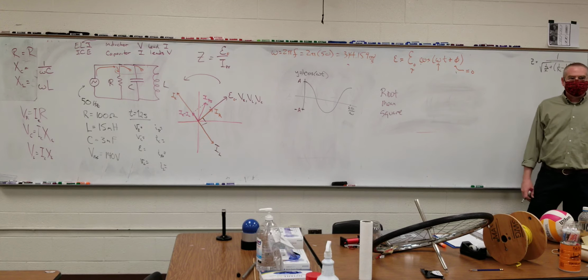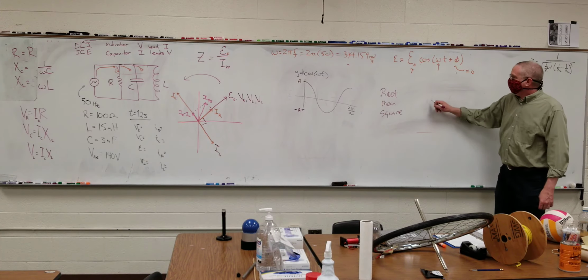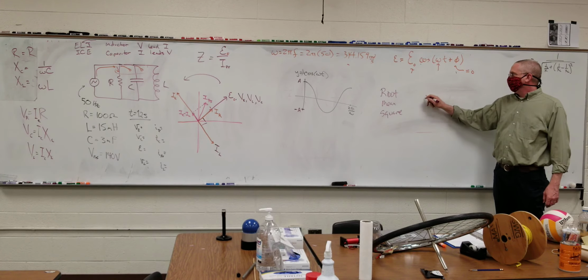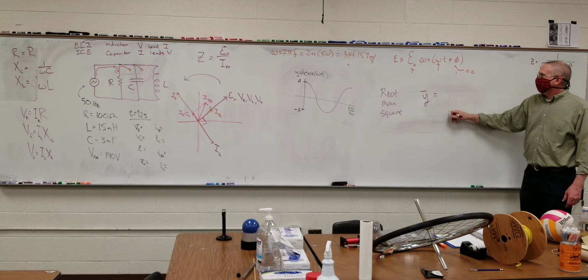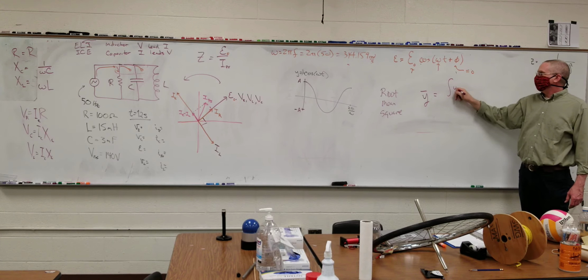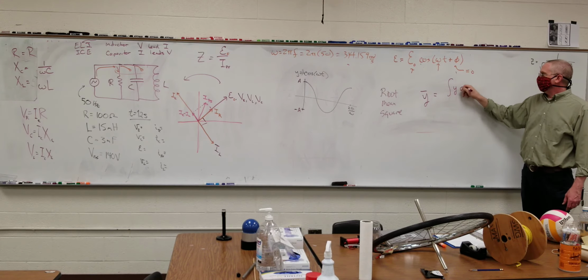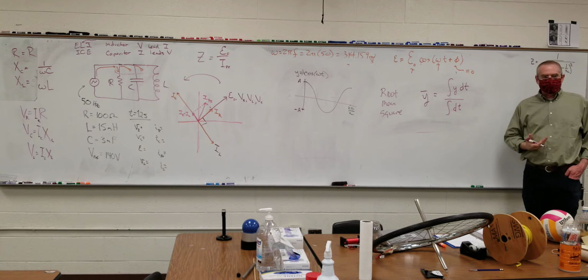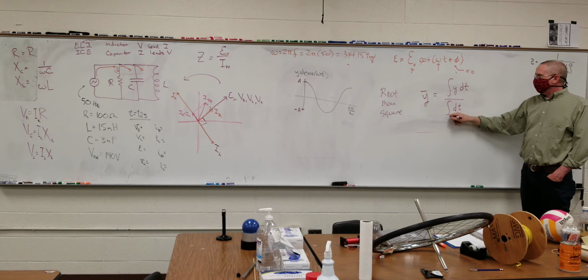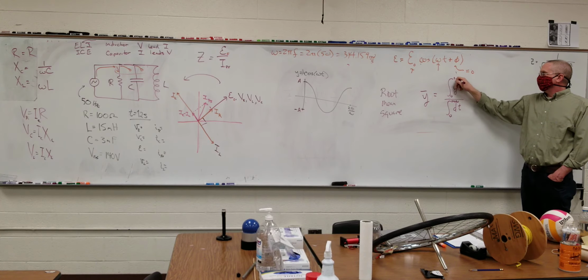So, if I want to find the average, first off, finding the average: y average would be the integral of y dt over the integral of dt, from 0 to 2 pi over omega.